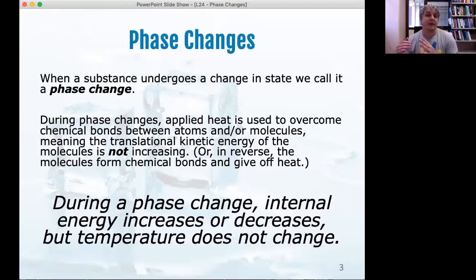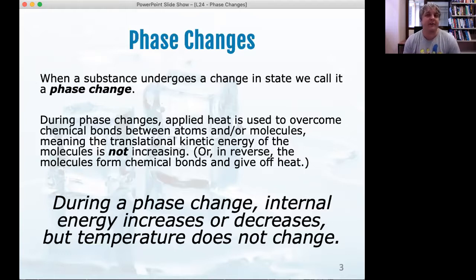So once a substance gets to its melting point, once it's got enough energy that more will break those bonds, that extra energy that you give it doesn't go into raising the temperature at all. It goes into that bond breaking process. So while a substance is changing phase, the internal energy is increasing, but the temperature is not, because the internal energy, the chemical bond energy, the energy used to break those chemical bonds between all of the atoms, that's increasing.